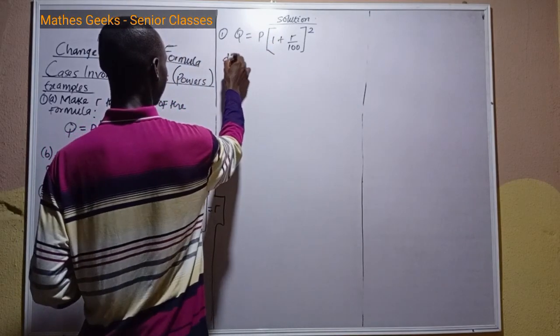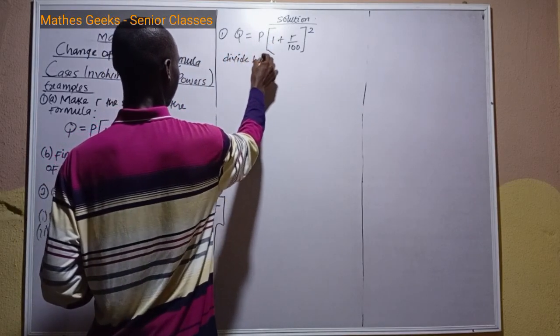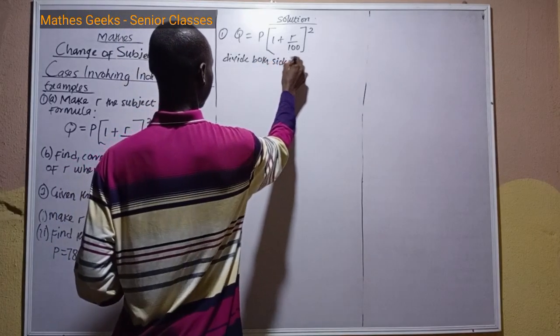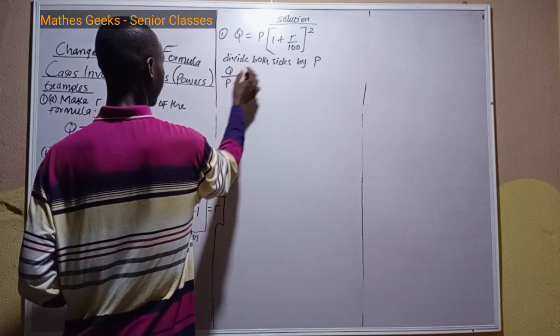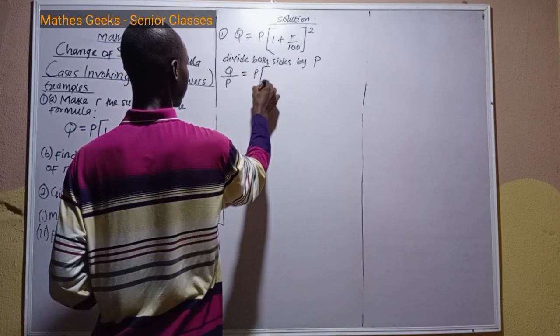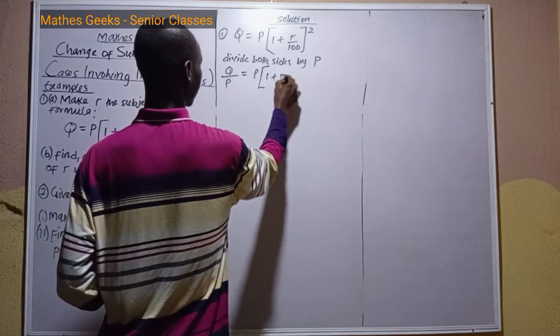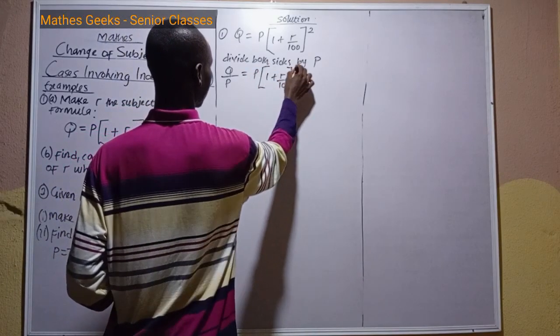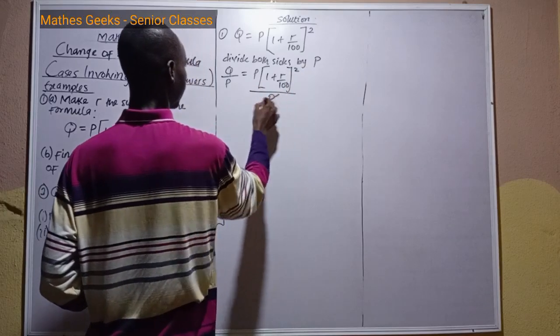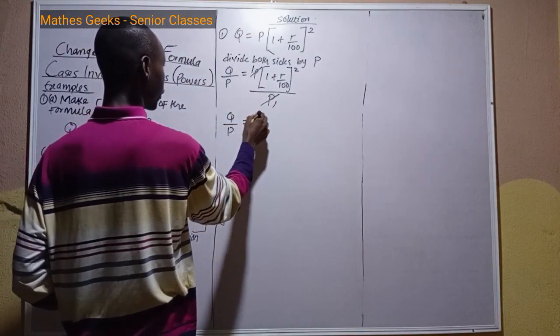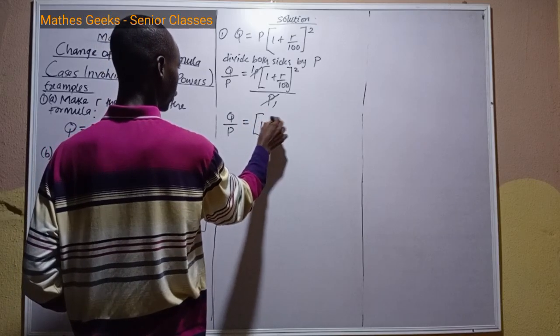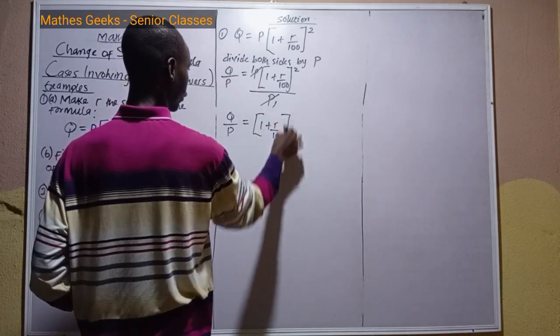So we divide both sides by P. So Q over P equals P times 1 plus R over 100 squared over P. P and P cancel. So Q over P equals 1 plus R over 100 squared.